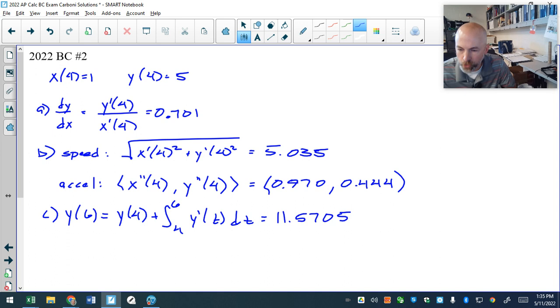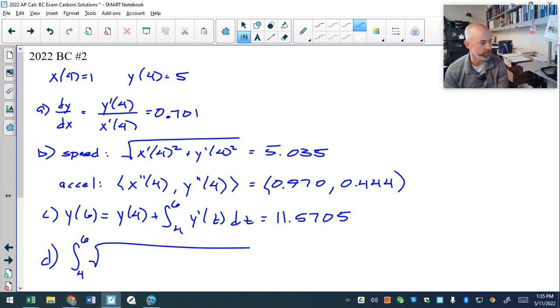That's it. And the total distance, this is a nice question. If you know your particle motion, your vector, your parametric formulas, this is about as nice a BC question as you can get. Total distance, integral from 4 to 6. And total distance is the integral of your speed function, which will be the square root of x prime of t squared plus y prime of t squared dt.